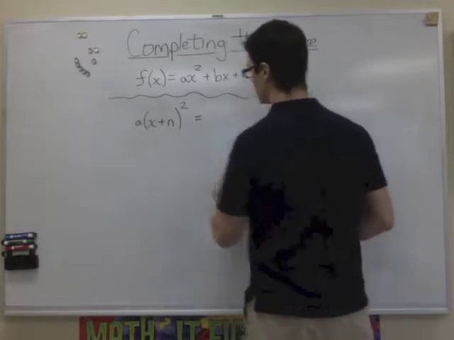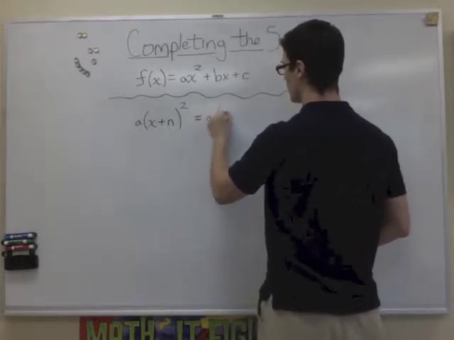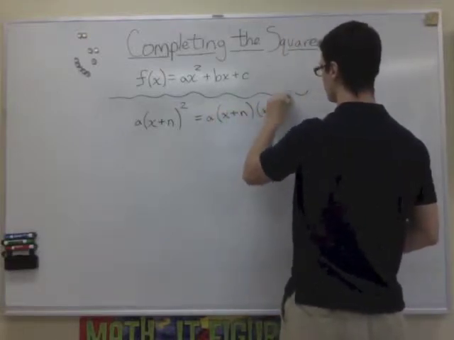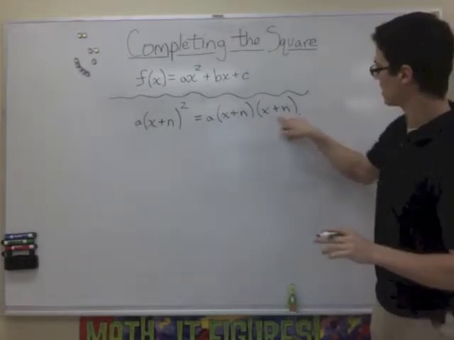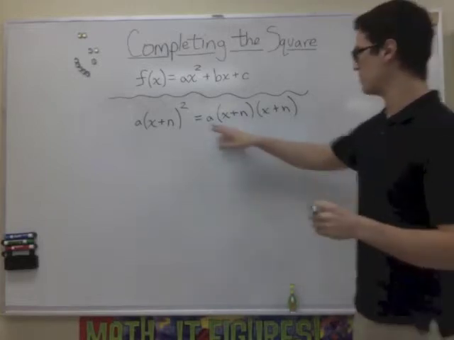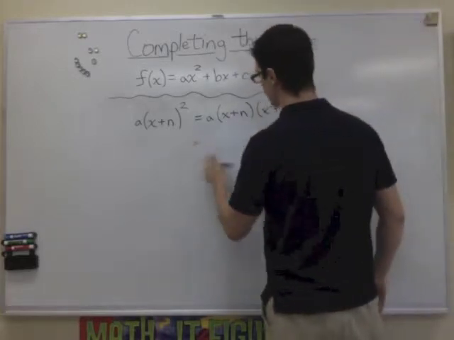So what I'm going to do first is just write everything out without the exponent. So I have x plus n and x plus n like so. The first thing I'm going to do just to make my life easier is combine these two real quick, just because I can deal with the a later. It'll be easy to distribute that out. So I'm going to do these first.